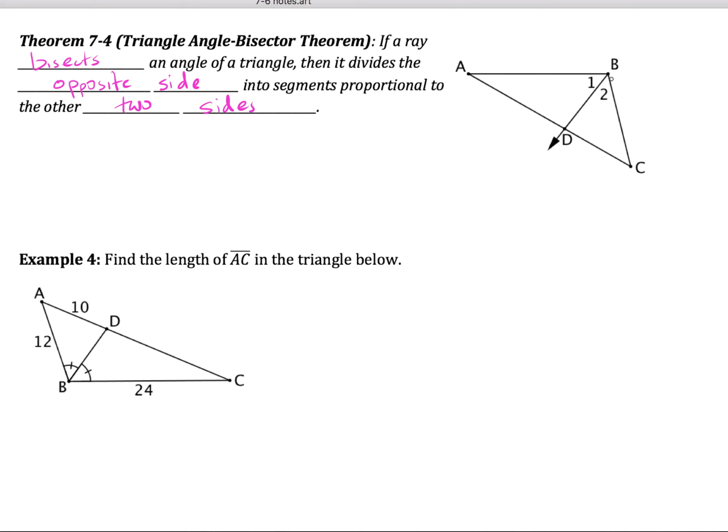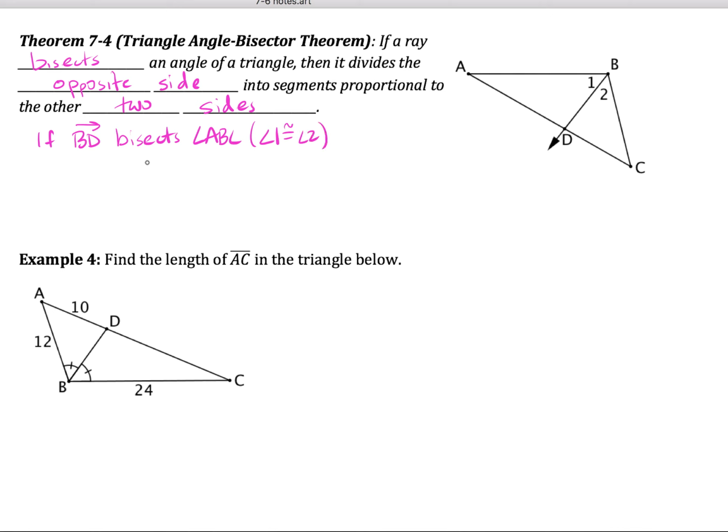So in this picture here, we're going to say that ray BD is bisecting angle ABC. So if ray BD bisects angle ABC, or another way we could have said it is if angle 1 is congruent to angle 2, I guess that would have been shorter.